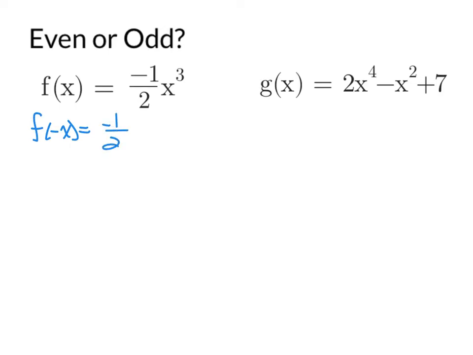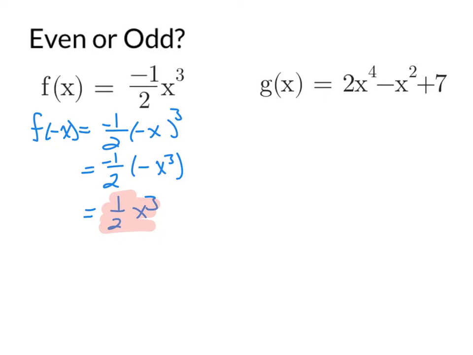If I were to plug that in, I have 1/2 x to the third, and instead of x, I'll use negative x. Now, negative x to the third is going to be negative x to the third. And when I take that negative 1/2 times the negative x to the third, I have a positive 1/2 x to the third. Next, compare your answer of f of negative x to what we started with, the f of x.